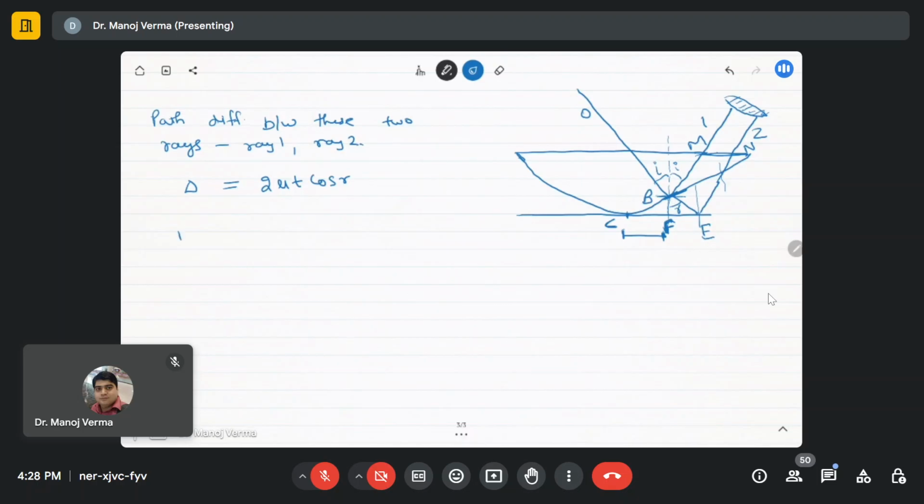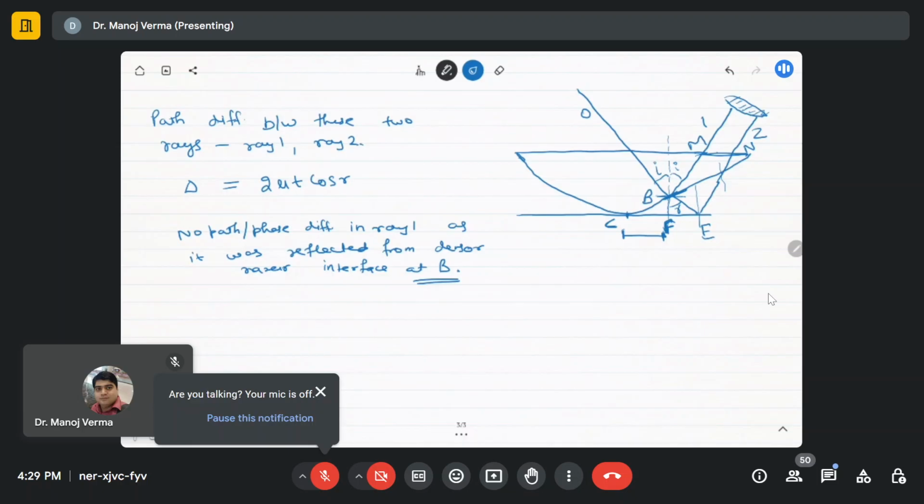So there will be no path or phase difference in ray 1 as it was reflected from the denser rarer interface at B. In ray 1 there will be no additional path difference because of Stokes law, because it has reflected from point B, which is the denser rarer interface.